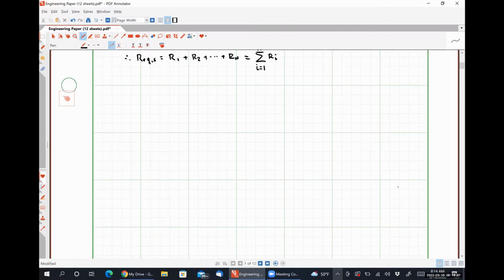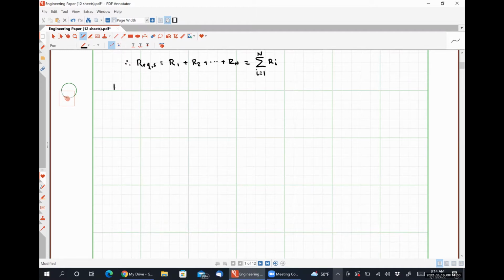Now let's talk about resistors in parallel. So let's say that we have a network containing a multitude of resistors connected in parallel, where we'll call this resistor R sub 1, this resistor R sub 2, and again, this resistor R sub n.